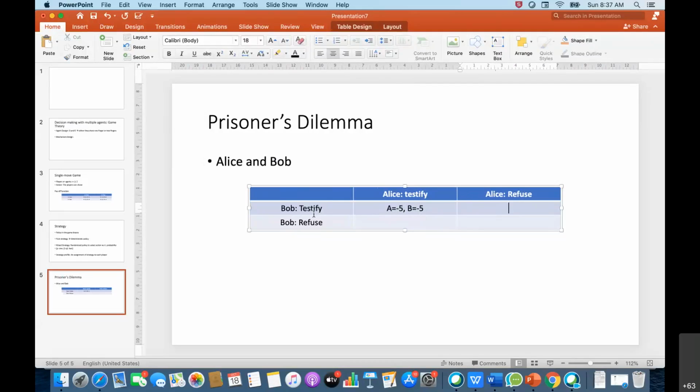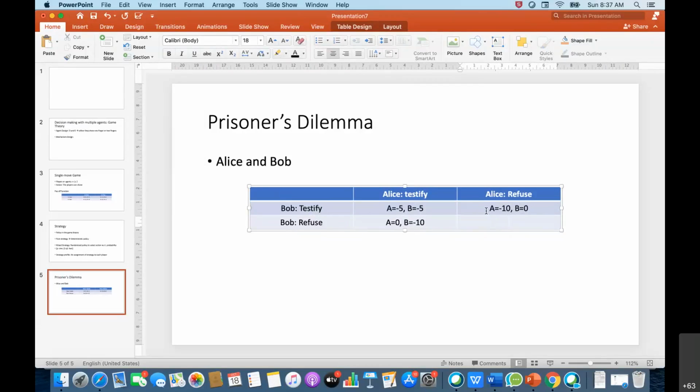That is, Bob is testifying and Alice is refusing. Then Alice is going to be imprisoned for 10 years, whereas Bob will be set free. So only Alice will be punished. Similarly, if Bob refuses, saying Alice has not done the crime, and Alice says yes, Bob has done the crime, then Alice will be set free and Bob is going to be imprisoned for 10 years.